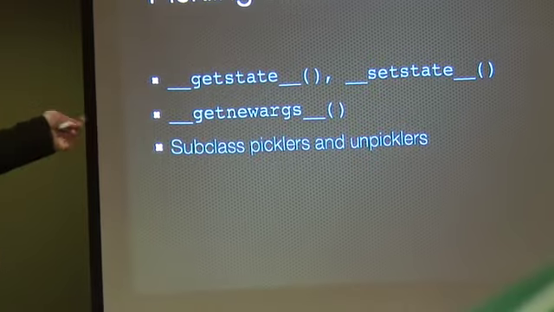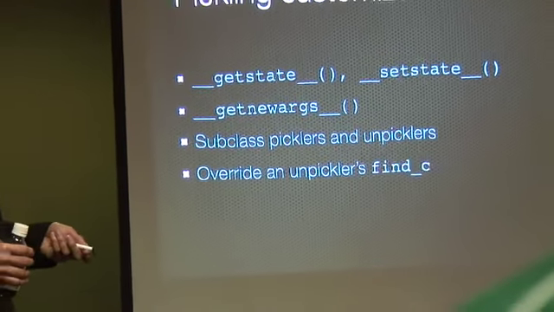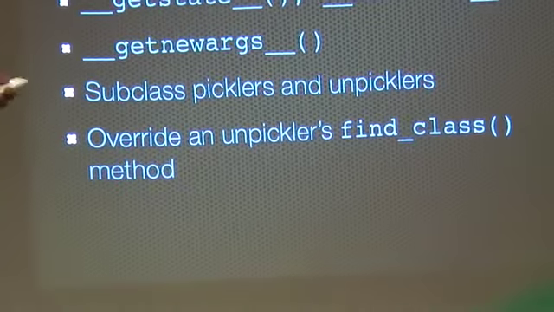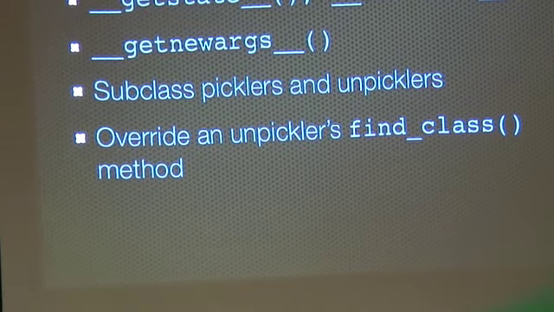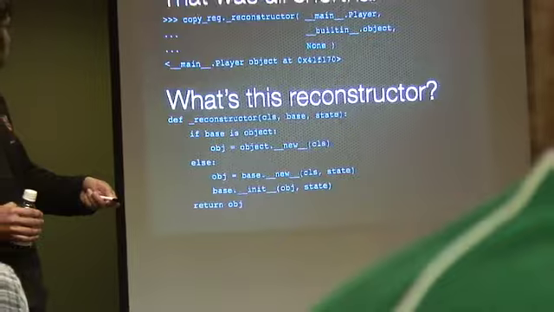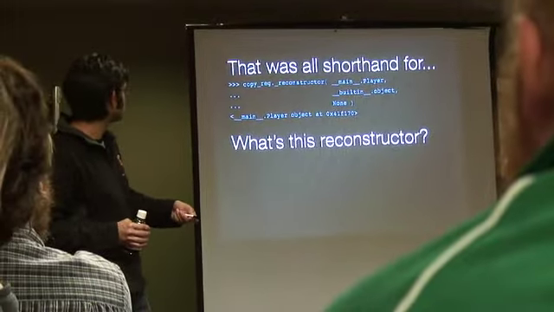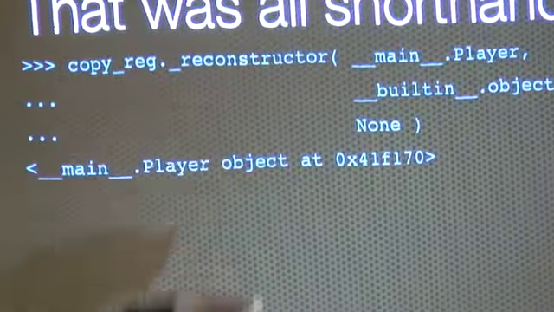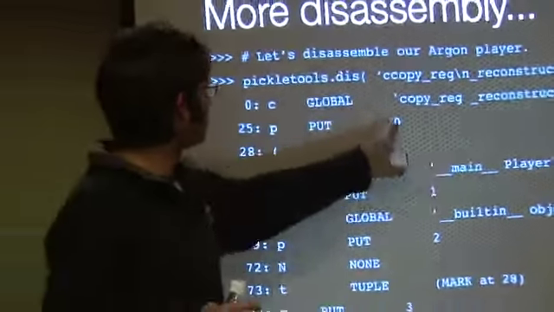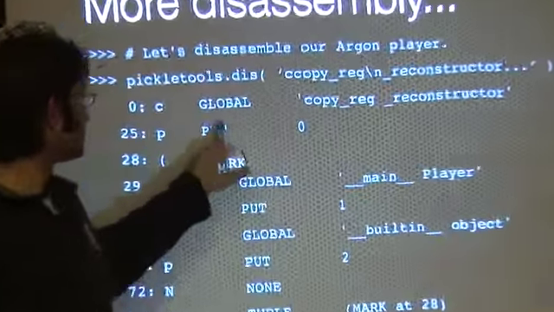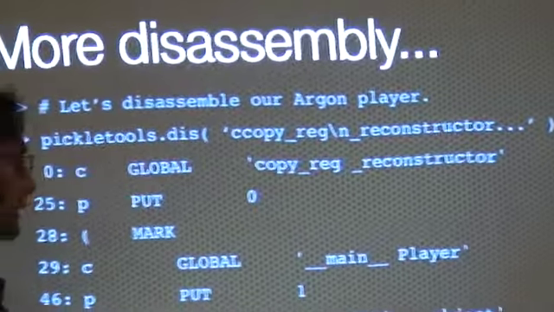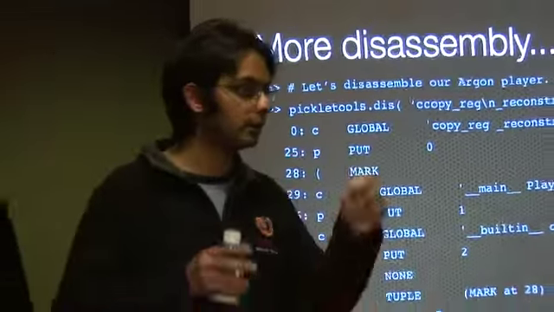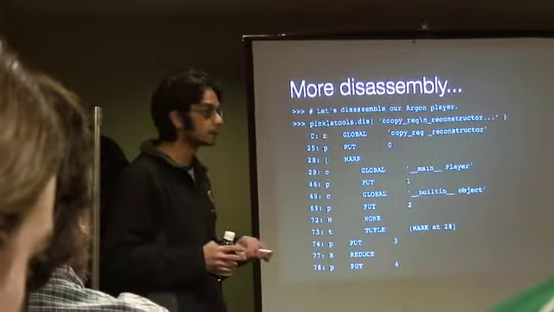You can also subclass picklers and unpicklers. In particular, one neat thing you can do is override an unpickler's findClass method. FindClass is used back here. The way it gets main player, built-in object, and copy_reg reconstructor is that it's finding these things. Whenever it runs into a global instruction, it calls a particular method on an unpickler class called findClass.